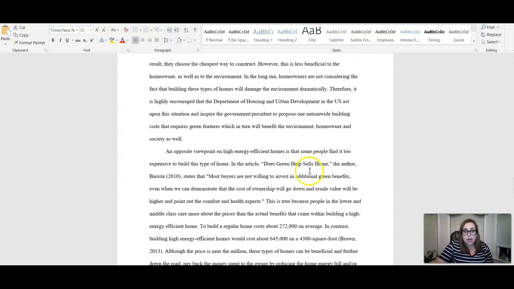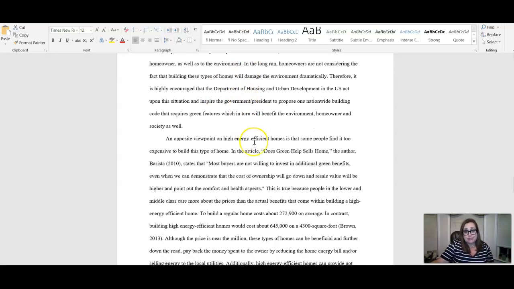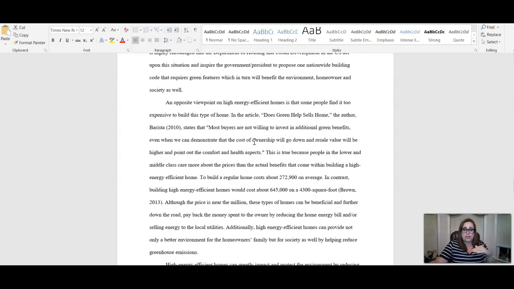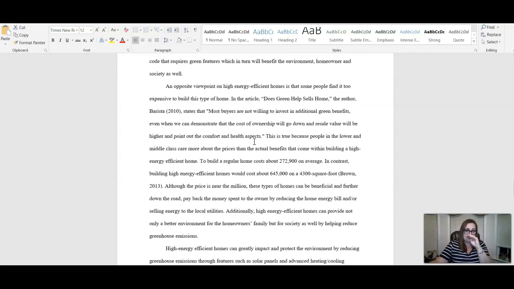Okay, so here, I didn't really go through and identify each part, but he has established in these previous paragraphs what the problem is, how to solve it, and what he's suggesting is the solution to this problem. Here we get to the concession area, which I told you is sort of at the end of the essay.